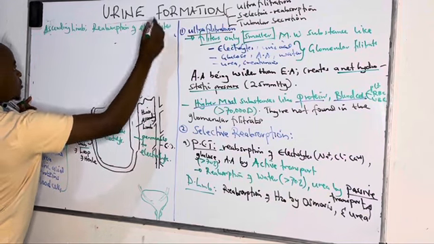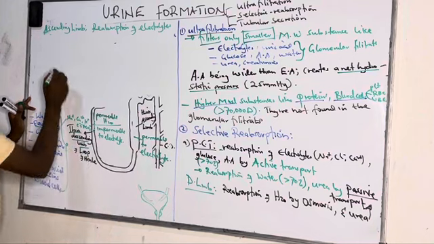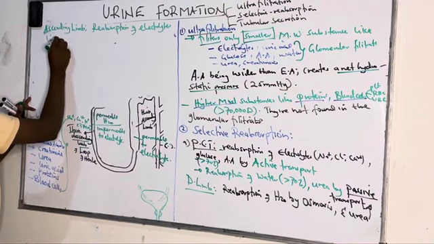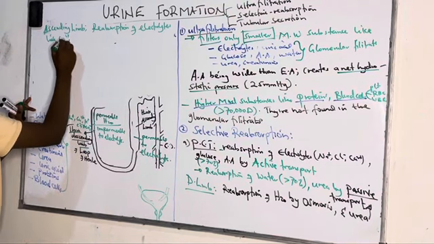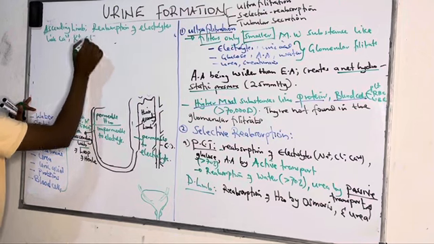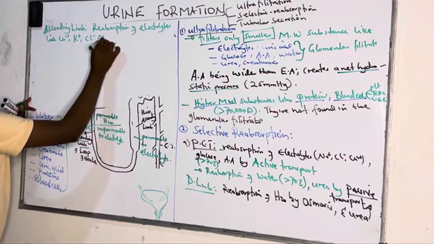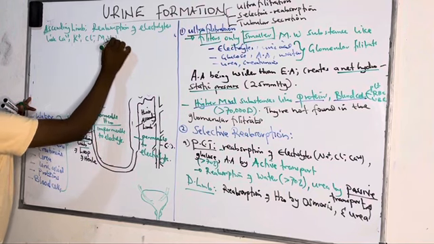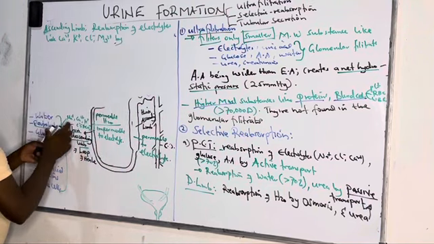Which electrolytes are we talking about? Electrolytes like calcium, potassium, chloride, magnesium being reabsorbed by active transport.